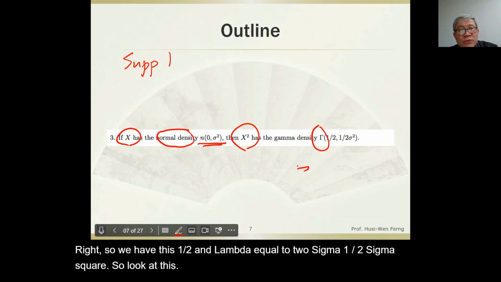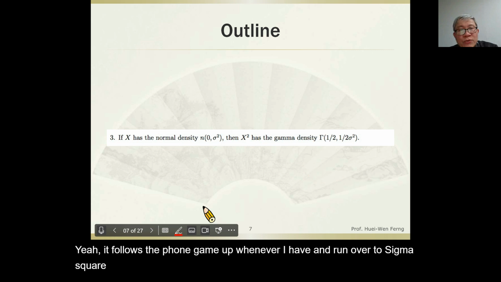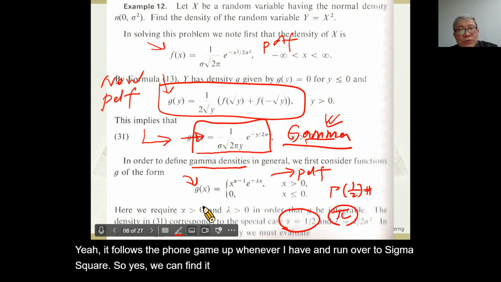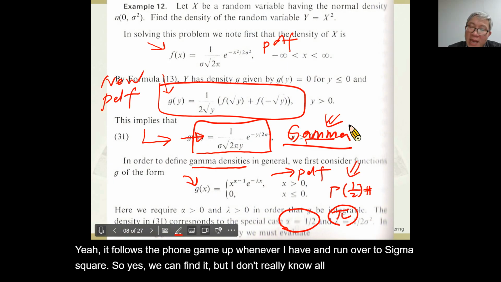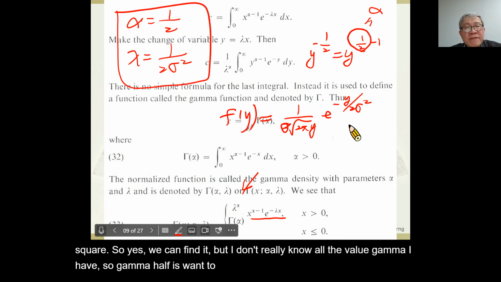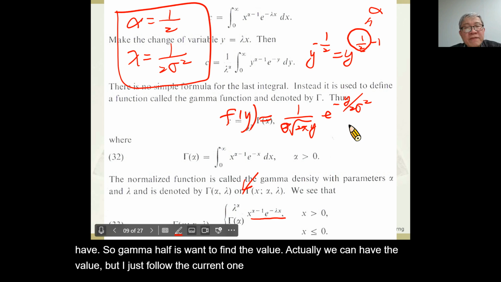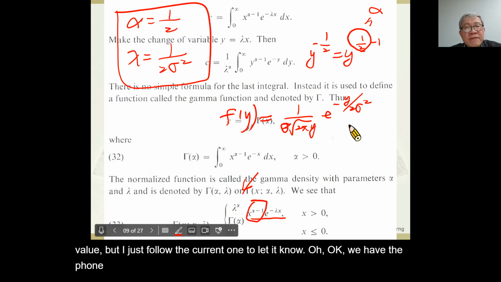Here, it follows the form of a gamma random variable with a half and 1 over 2 sigma square. So yes, we can find it. But I don't let you know the value of gamma a half. If we want to find the value, actually we can have the value, but I just follow the current one to let you know we have the form. Alright, it's a half. We have the form already.